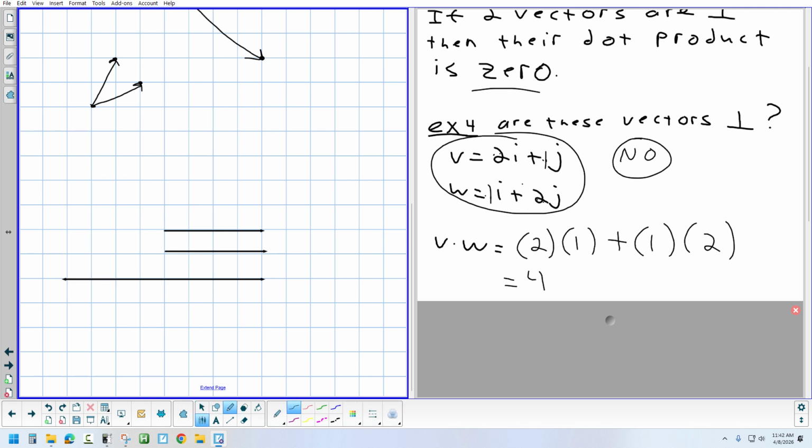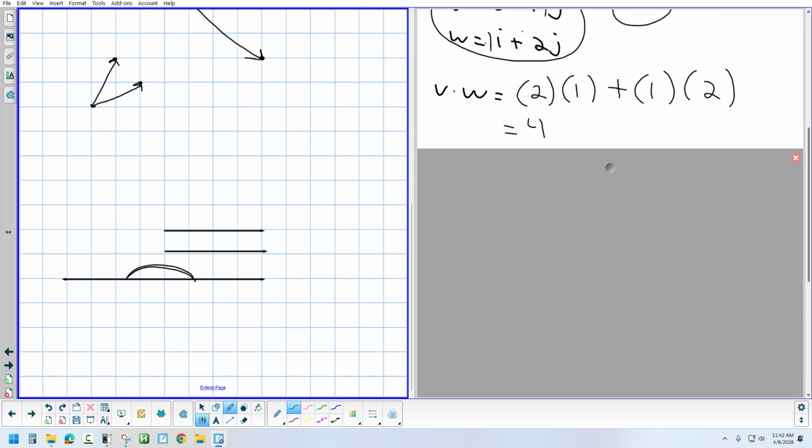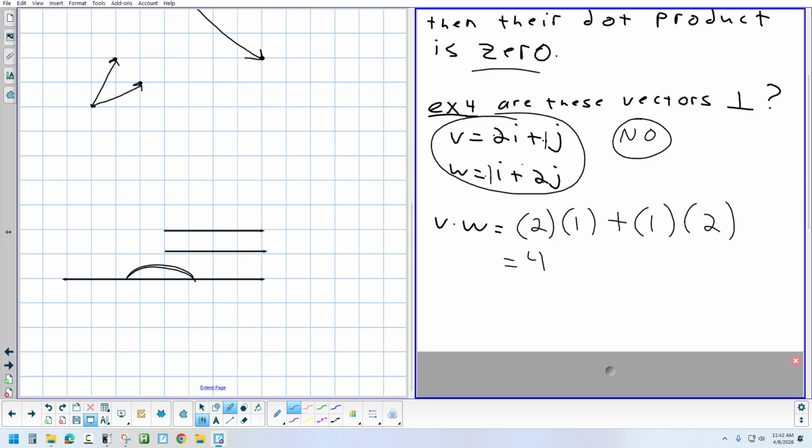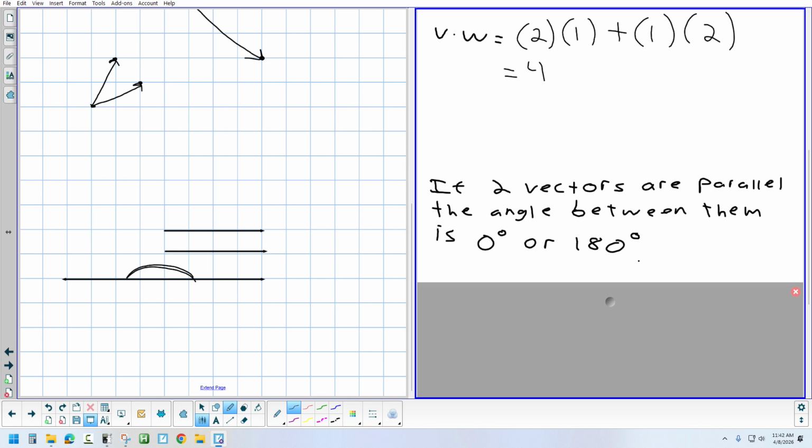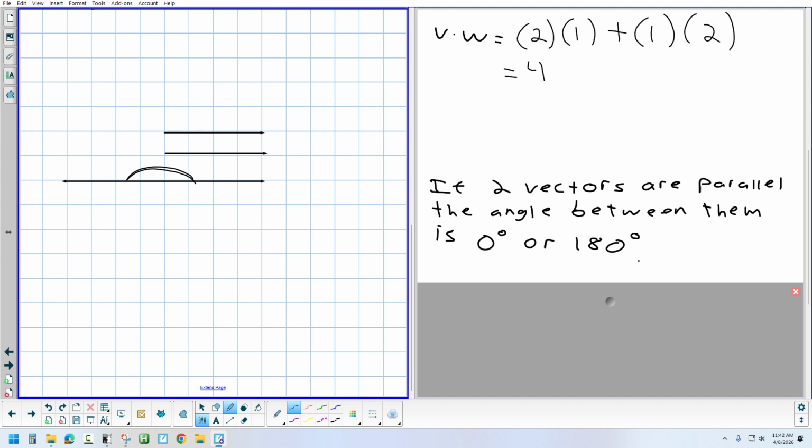And now look at your angle. That's a straight line, which makes 180 degrees. So that's the other special situation. If 2 vectors are parallel, the angle between them is either 0 or 180.